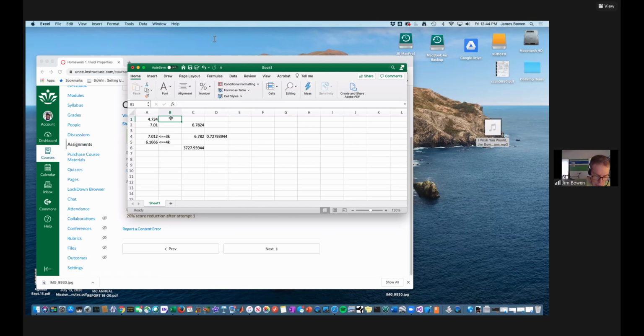So this is 80 degrees C, and this one is 90 degrees C. Let's confirm that in the table: 4.734, 7.010. Yes. All right, and then let's look at our equation.